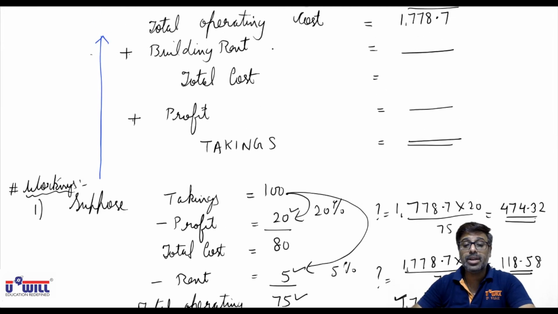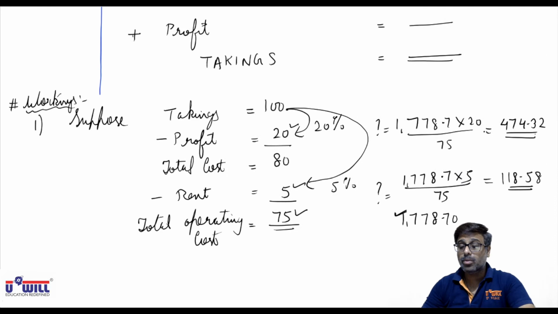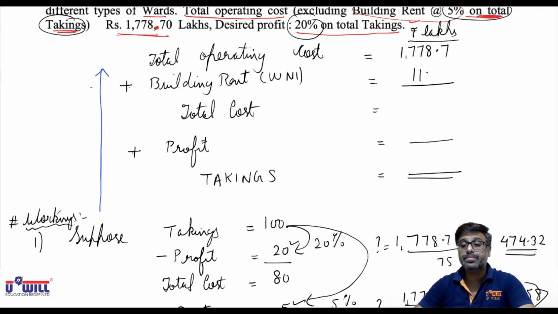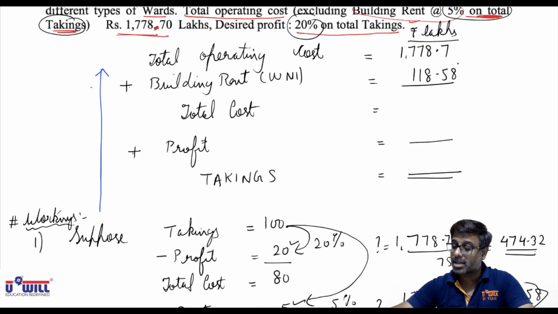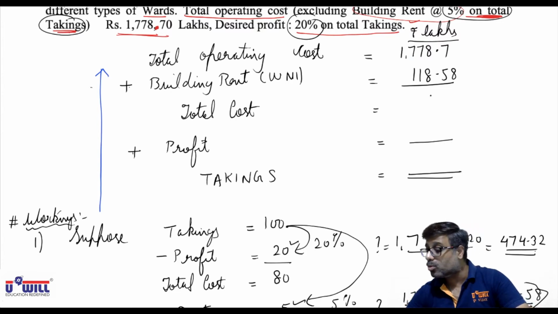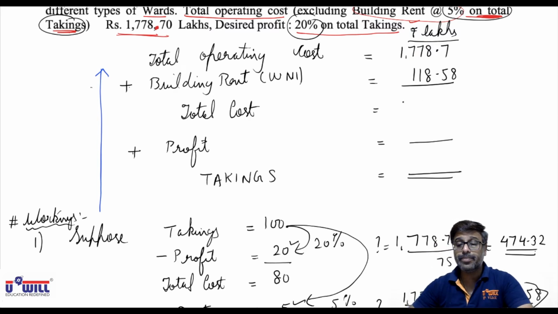So as per working note 1, the rent we obtained is 118.58. Now 1778.7 plus 118.58, the total cost would come to 1897.28.